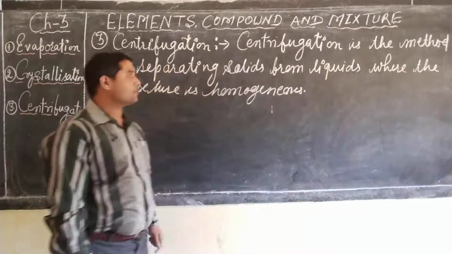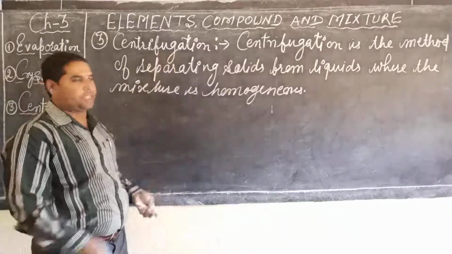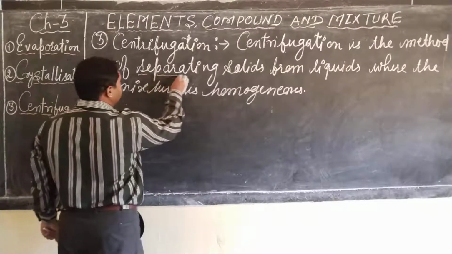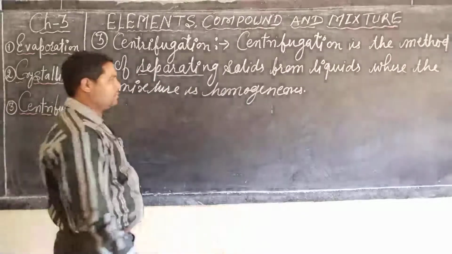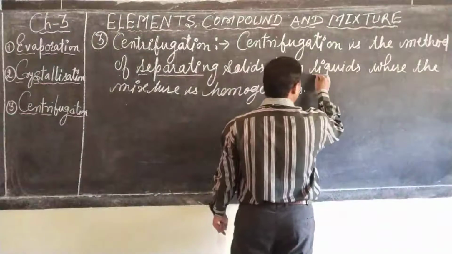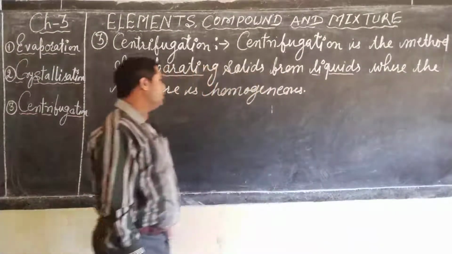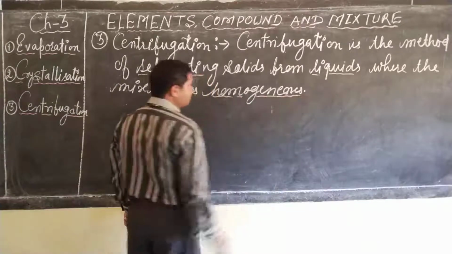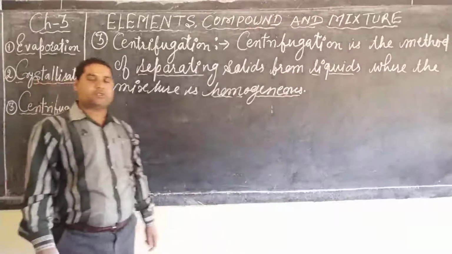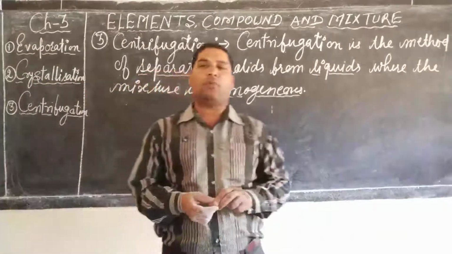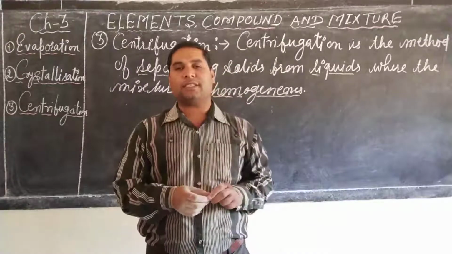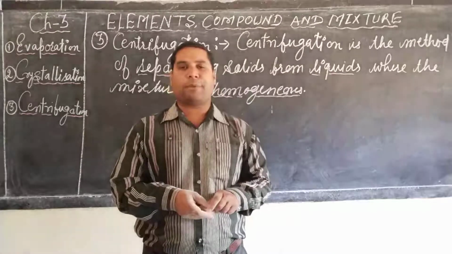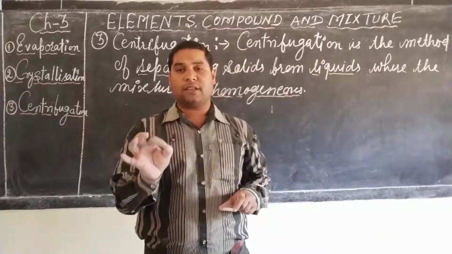So dear student, what do you mean by centrifugation? Centrifugation is the method of separating solid from liquid where the mixture is homogeneous. The method to separate solid from a homogeneous mixture is known as centrifugation. It is one of the traditional methods to separate solid from a homogeneous mixture.